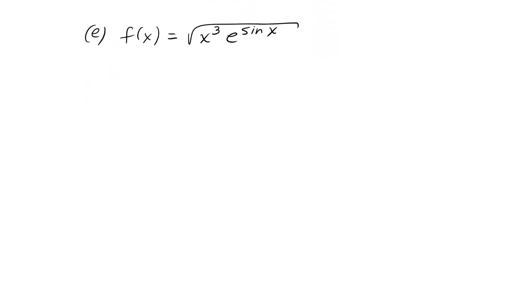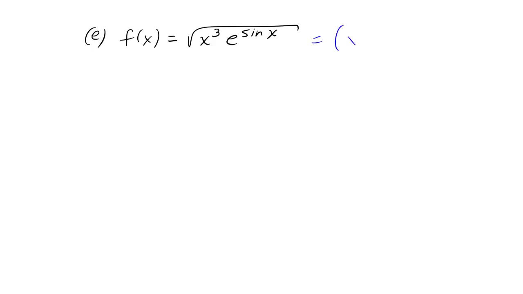Okay, this is a nasty looking one here. Okay, so the first thing I want to do is rewrite this. x cubed e to the sine x, to the 1/2. And then note that, all right, this is all something to the 1/2.